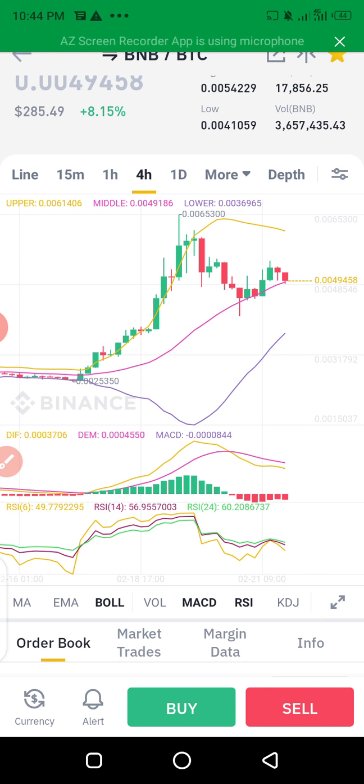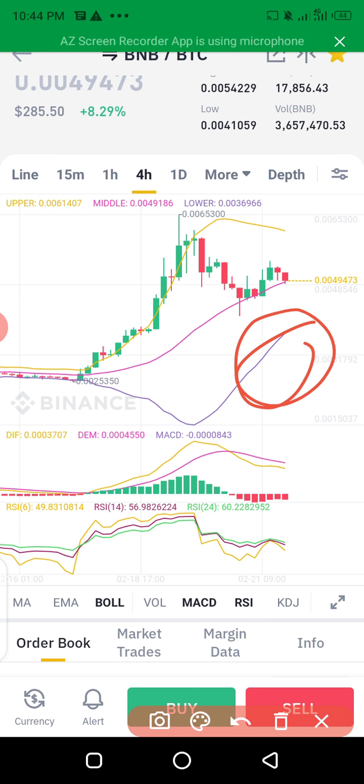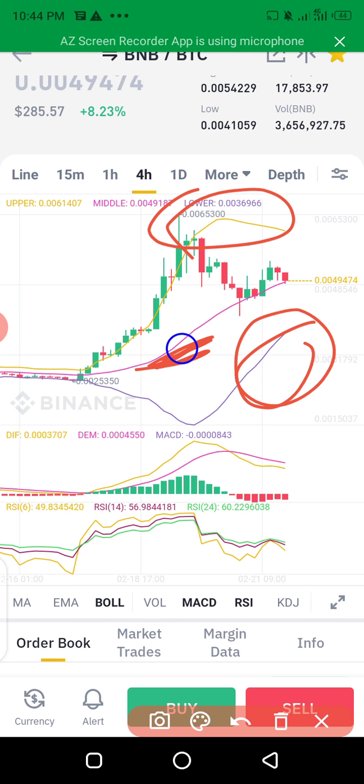These are the middle line, the secret of the Bollinger Band, I will be referring to. The same thing applies to the lower line of the Bollinger Band. For any asset, the middle line of the Bollinger Band is the bridge between the upward and the downward.